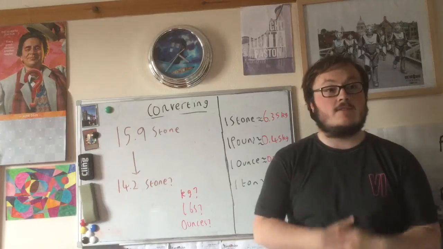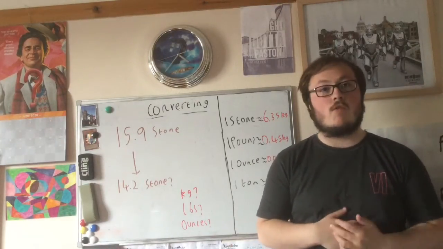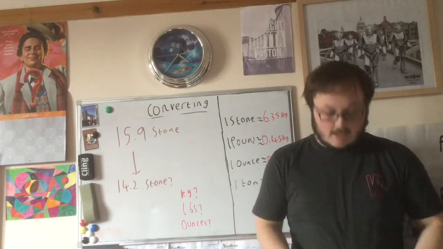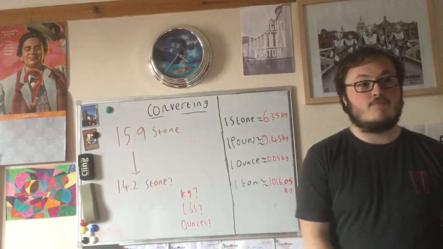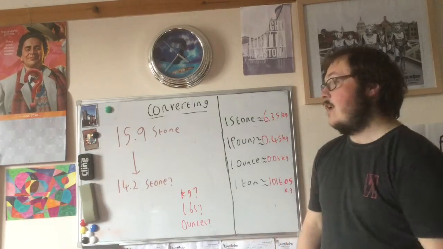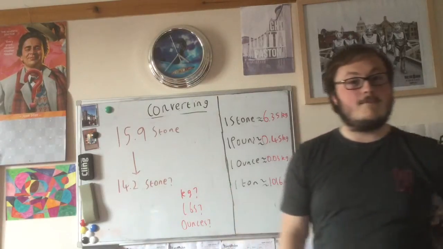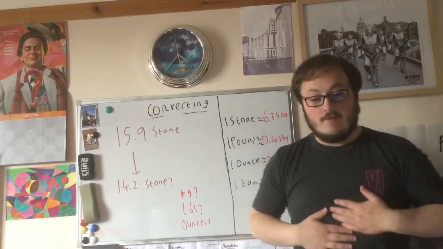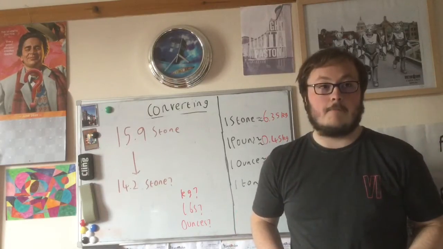I have a treadmill downstairs, so I thought, you know what, whenever I get in from work, I'll go for a run and I'll burn those calories and I'll lose some weight. I started this in April, so just a couple of weeks after I started doing these videos. And since then, I've dropped from 15.9 stone to 14.2 stone. So I've lost quite a bit of weight, and I am so happy to do that.